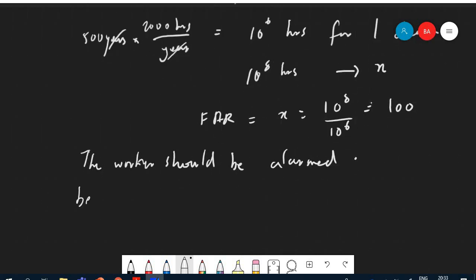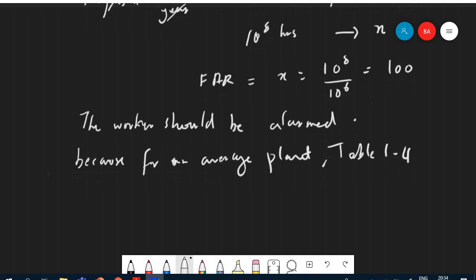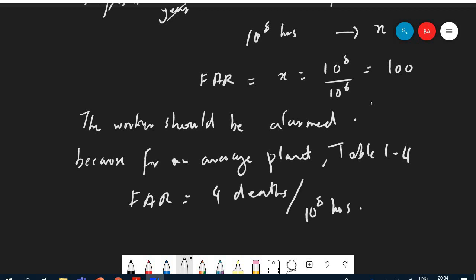Because for an average plant, if you go to table 1.4, you can see that the FAR is equal to 4 deaths per 10 to the power 8 hours. I'm having here 100, not 4.